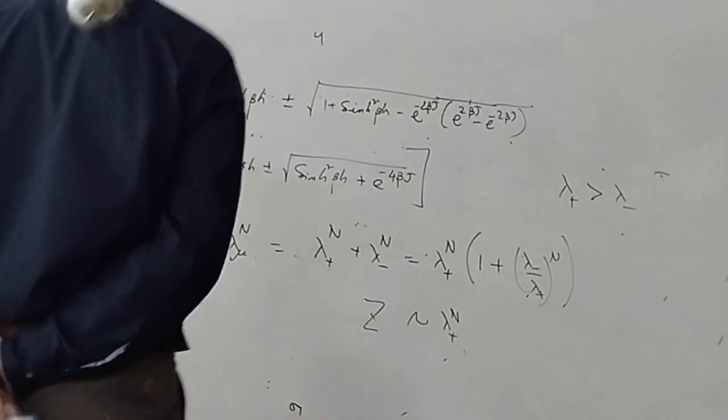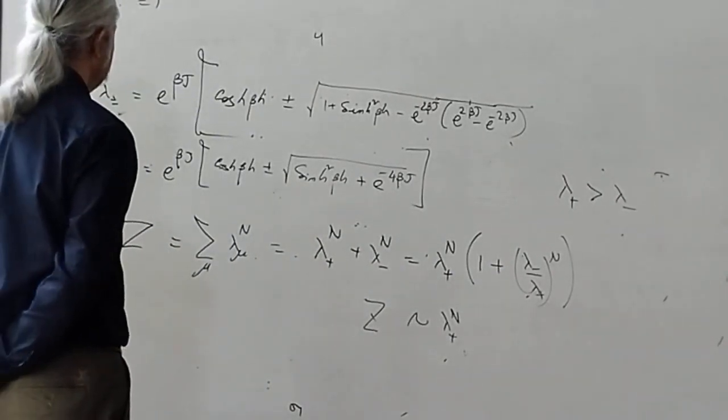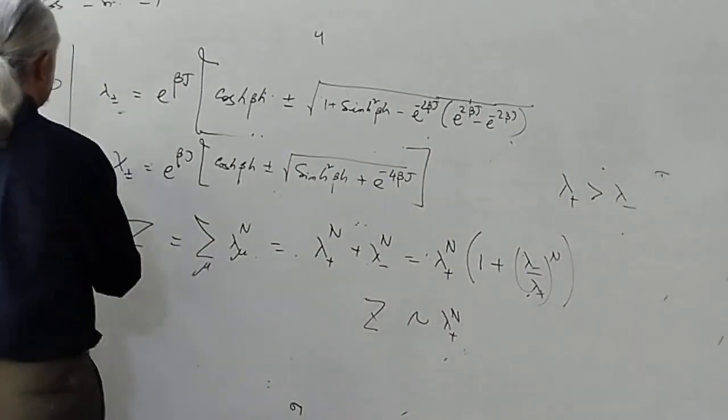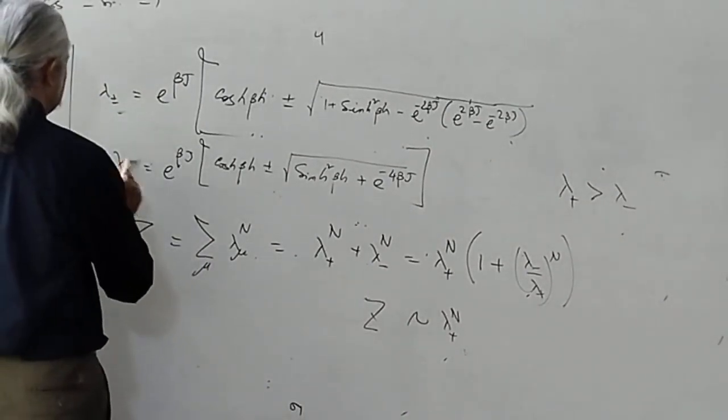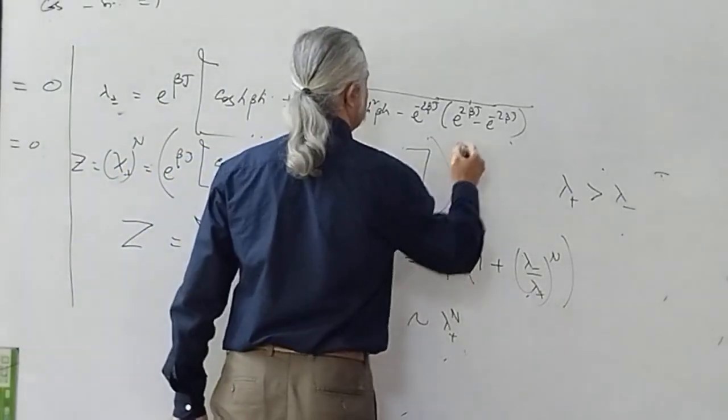Okay, তার মানে z equal to lambda plus to the power n.